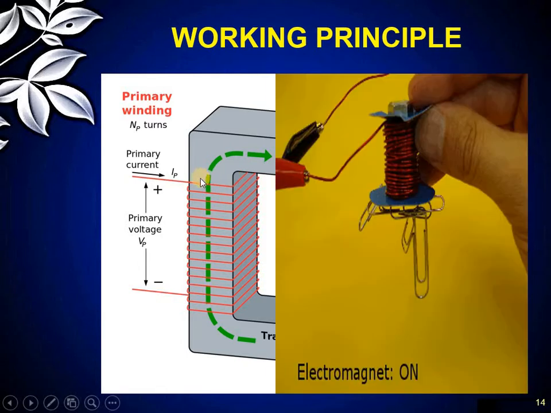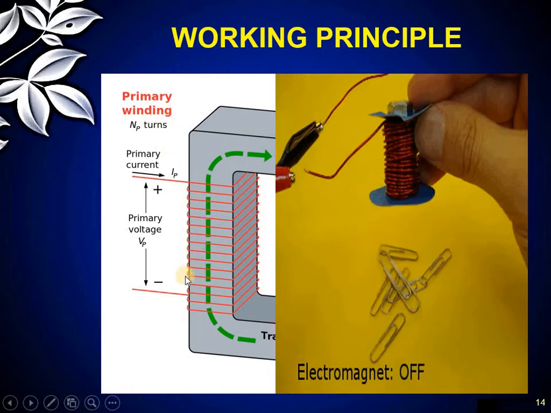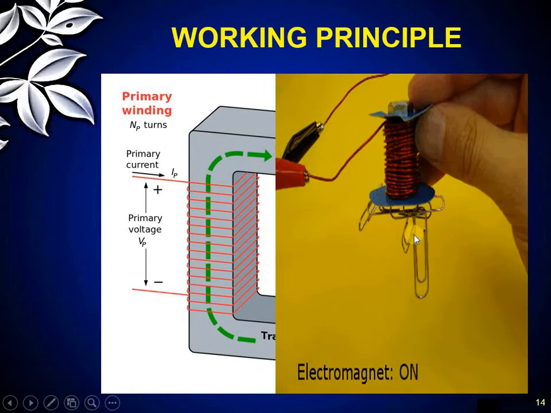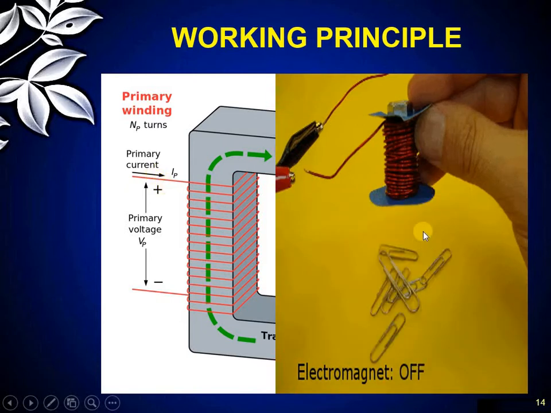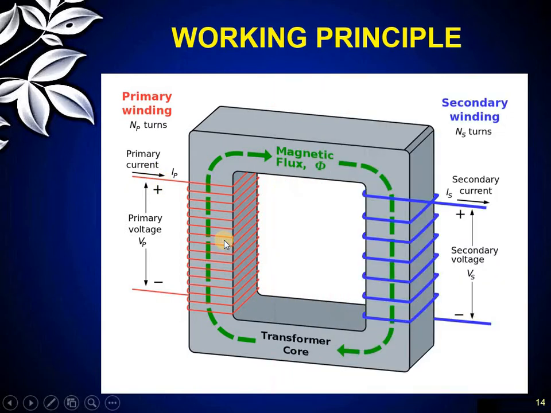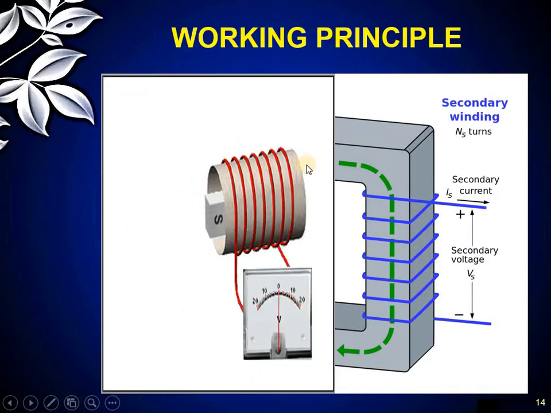Working principle: when input voltage is given to the primary winding, it catches the iron pieces, and when we remove the voltage, it releases the iron pieces. When voltage is induced in the secondary coil, it indicates the voltage on the meter, and when the permanent magnet is removed, it comes to 0.